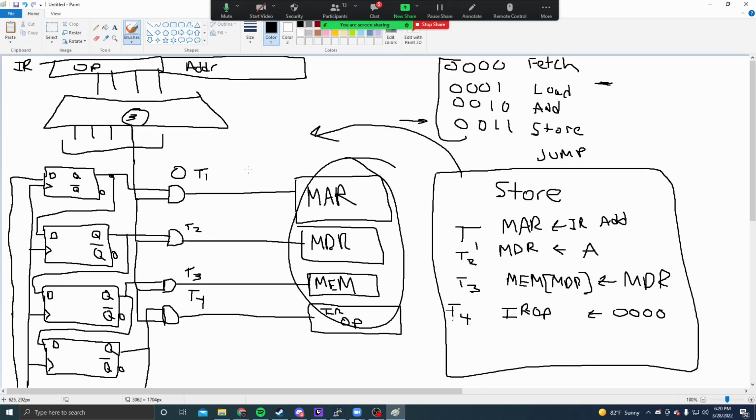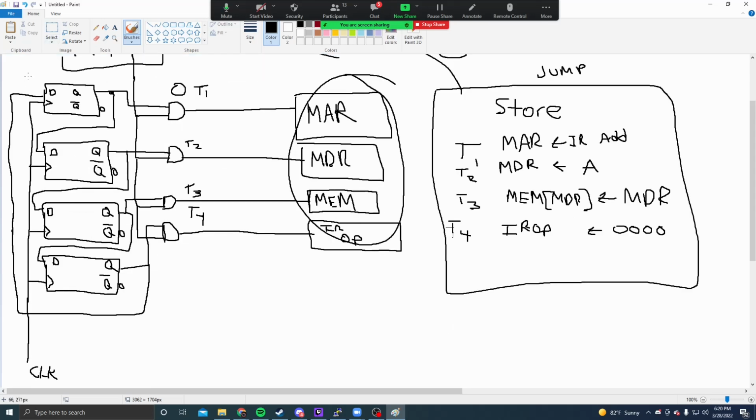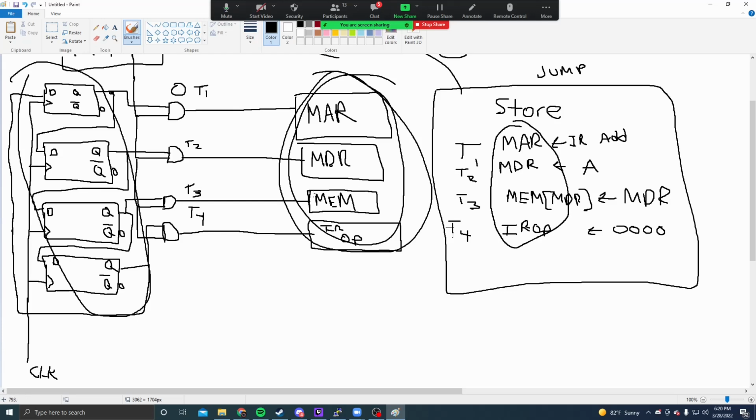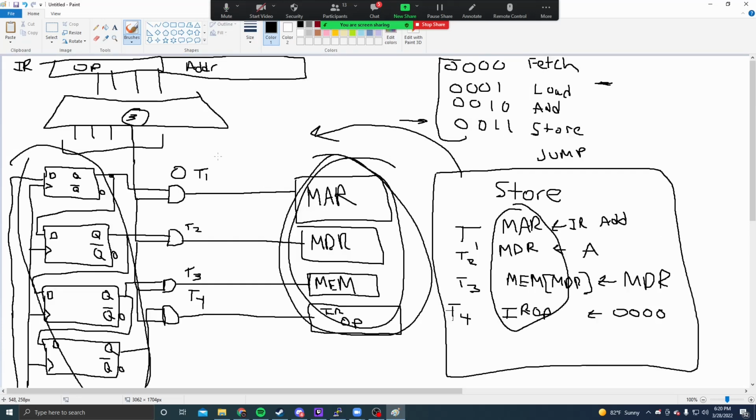I don't know the exact way to describe it, but these chains stay the same. These little boxes, the 4 ones here, would change depending on what these are here. And then T would be called through an AND gate from the command that you're running. So in this case, store.